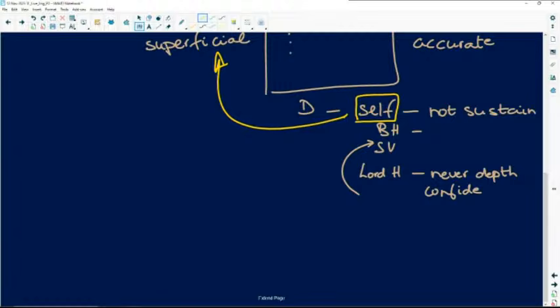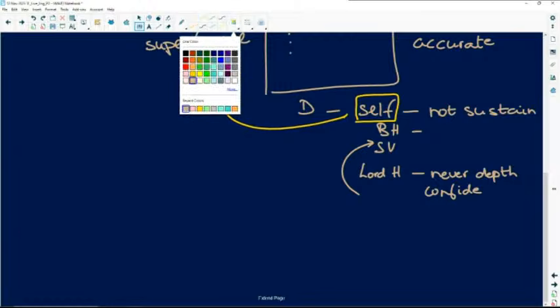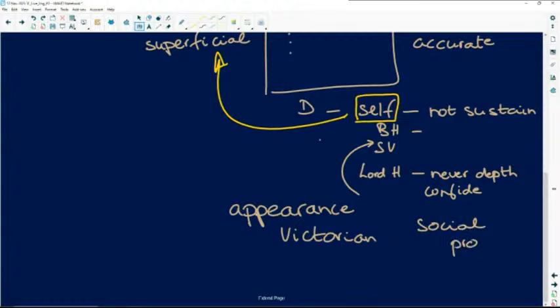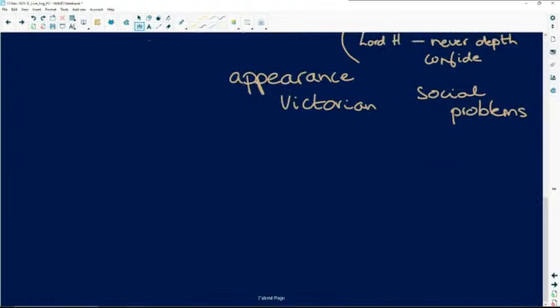Then you'd say, all right, but what about hypocrisy? What kind of hypocrisy can I see? So hypocrisy is when you present an appearance, but the reality is different. So you could say, well, Victorian society is hypocritical because although there are social problems, there is poverty, there is exploitation of the working class, there are terrible areas in Victorian London, they are far more concerned with luxury and with comfort.